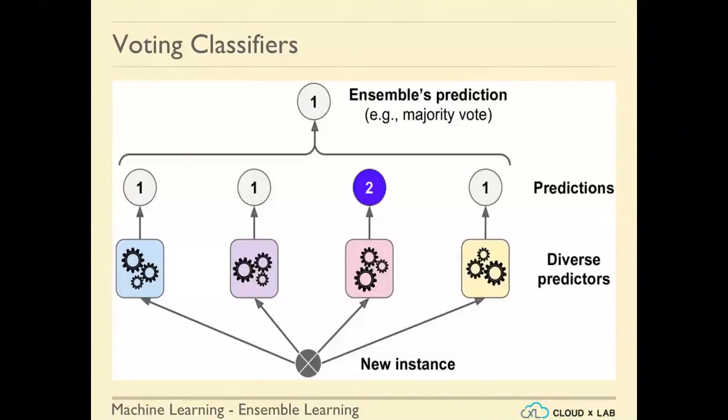So the question is why the same algorithm with different data sets? It's a very important question. Each predictor is trained with a different data set, meaning even though the algorithm is the same, the outcome is diverse, and therefore the chances of the result being correct is very high. Let's say there is one decision tree here, another decision tree.